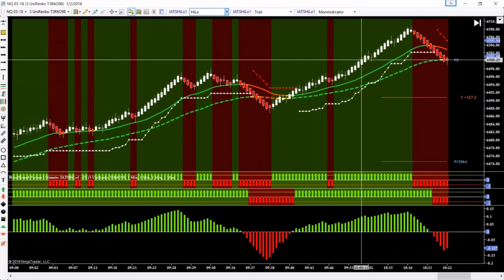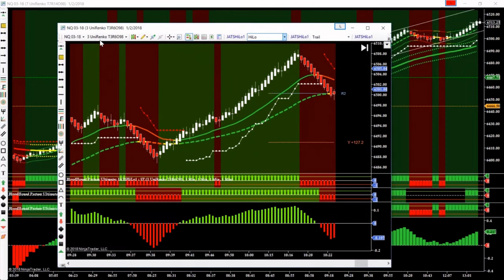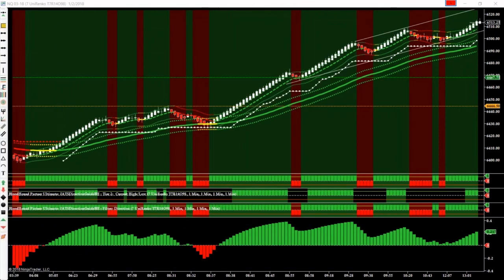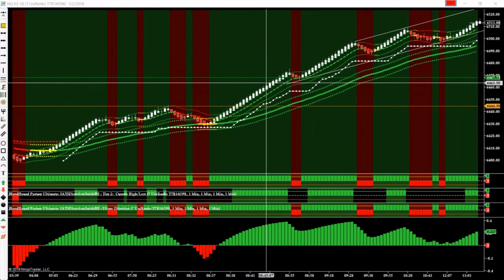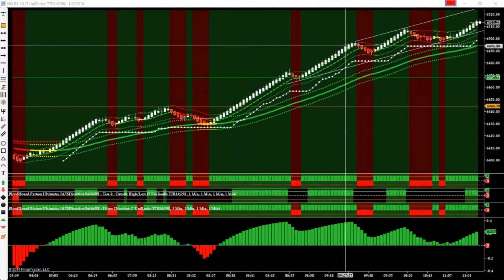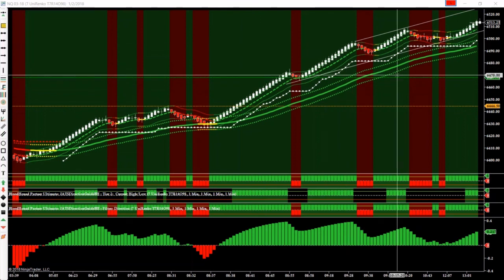So there's good and bad with both systems, but you can get used to the markets and figure out if you do like to trade with the larger bar size, allowing you to stay with a trend longer. And again, you don't have to trade for every tick.